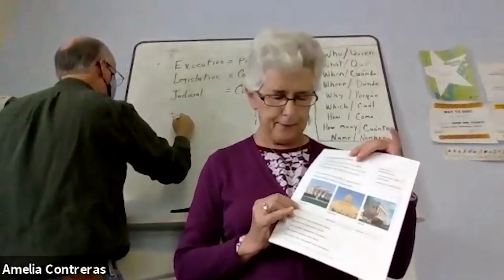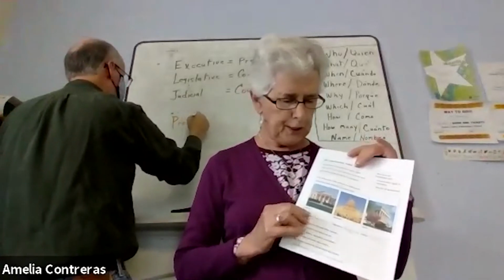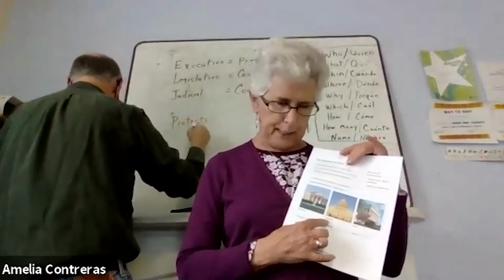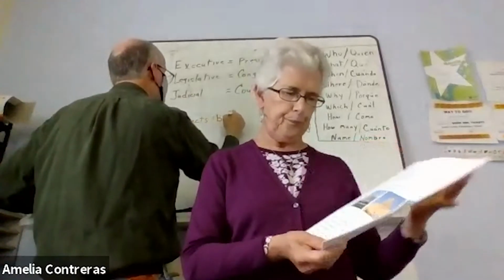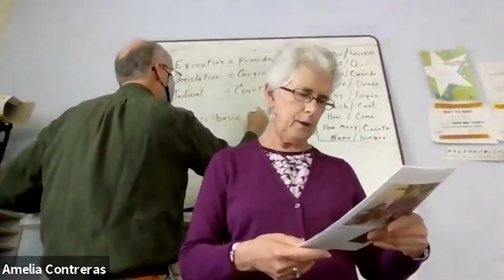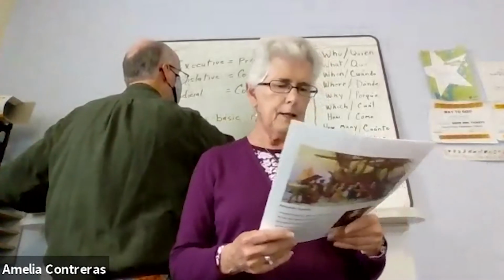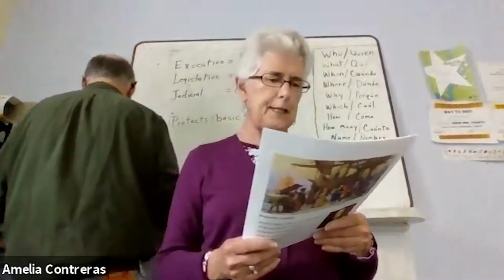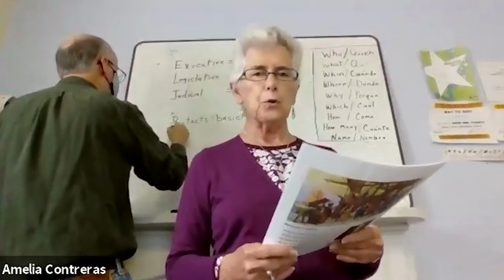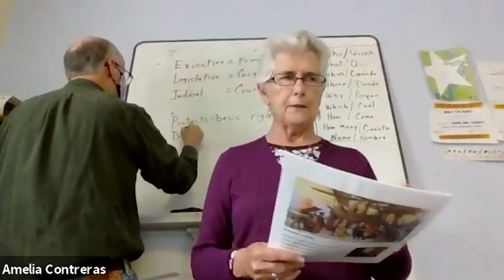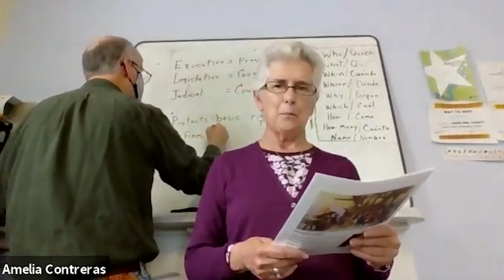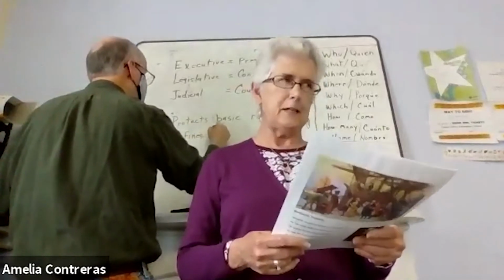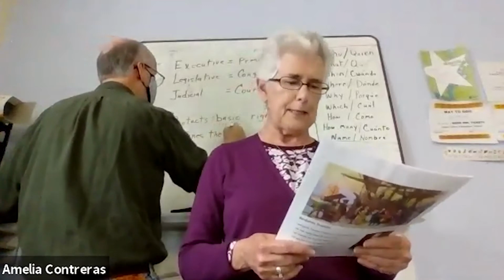So once again, the executive branch, the legislative branch, and the judicial branch. So on the next line, you see executive equals the person that lives in the White House, the president. Okay, so the executive branch is headed by the president.